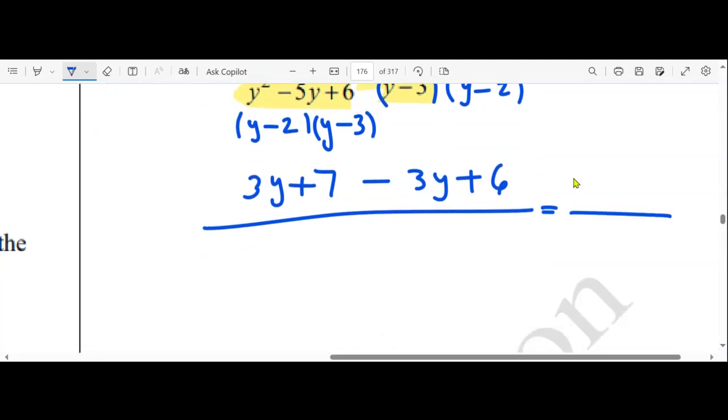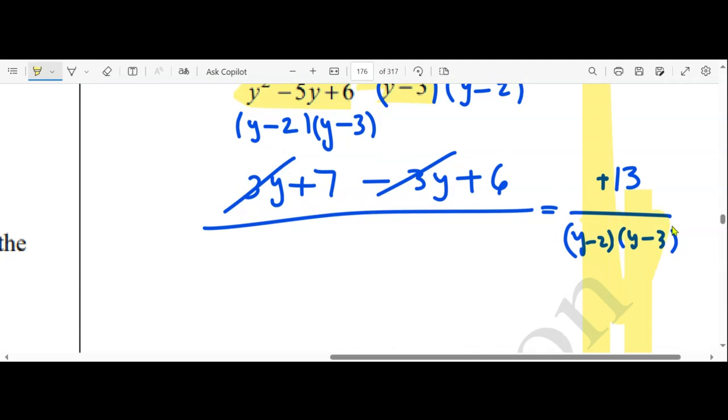You get this cancel with this, right? And you get 7 plus 6, how much? 13 over what? y minus 2 times y minus 3. Is that clear? Clear or not clear? Clear.